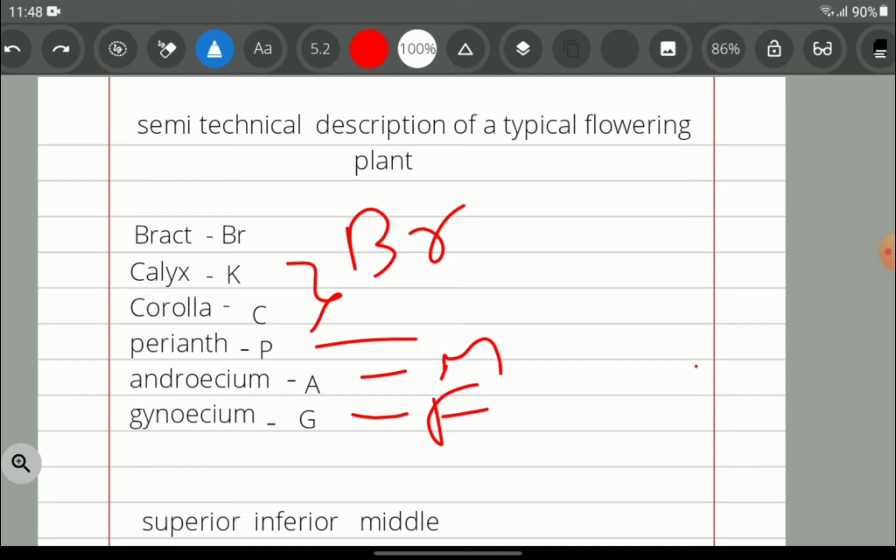Here it is in the form of a 9+1 arrangement. The filaments or the anthers are in the form of 9+1. This is in Fabaceae, the upcoming family which we are going to learn in this period. So it has a 9+1 type of arrangement in the androecium, which is a completely different thing.